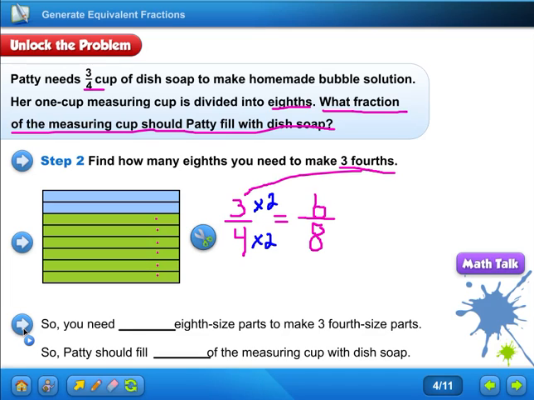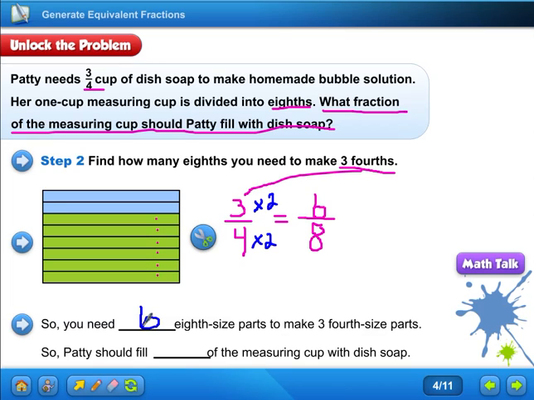Let's go to the next little part. So you need blank 1/8 size parts to make 3/4 size parts. You need how many parts? Right here, all these green. 6/8 size parts to make 3/4 size parts.